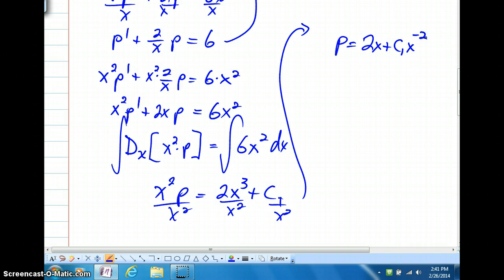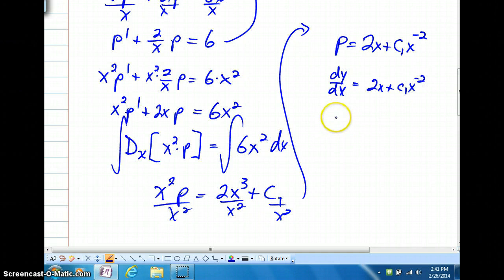But this is not something that even showed up in the original problem. p was just temporarily filling in for what? y prime. Or if you'd rather, dy dx. I mean, they're the same thing, aren't they?